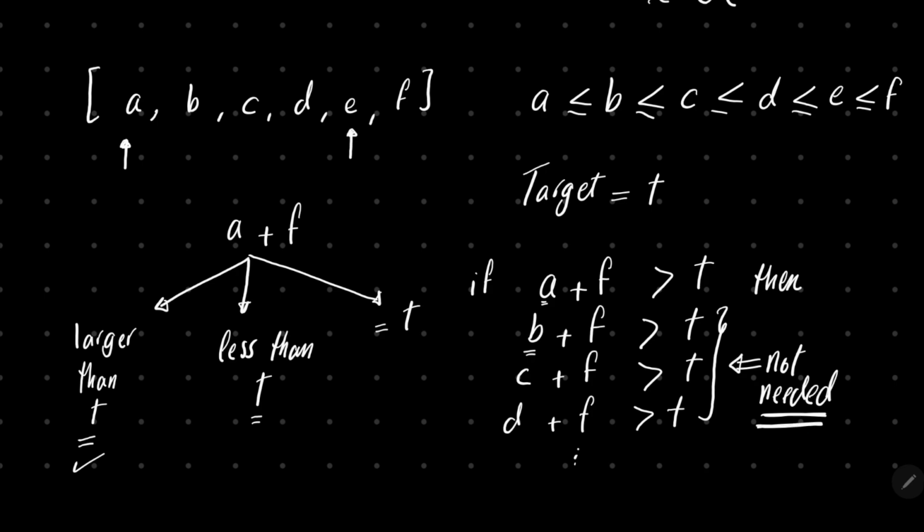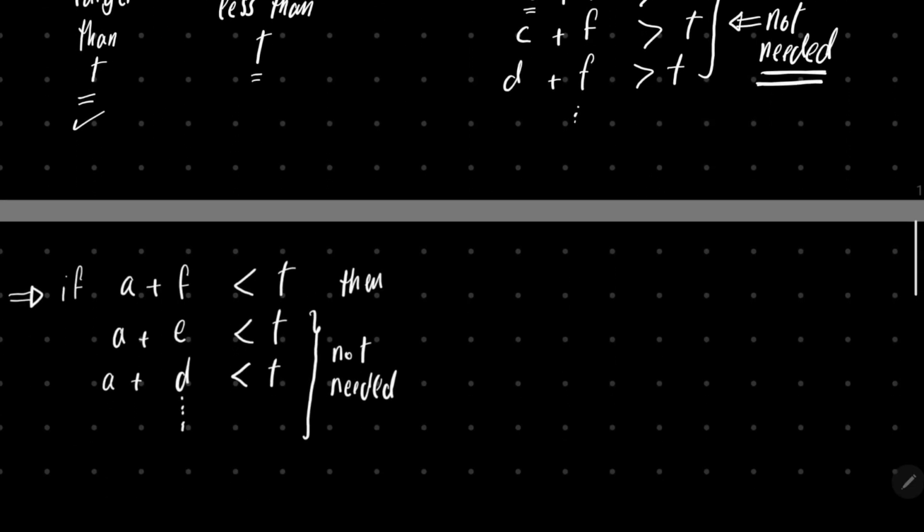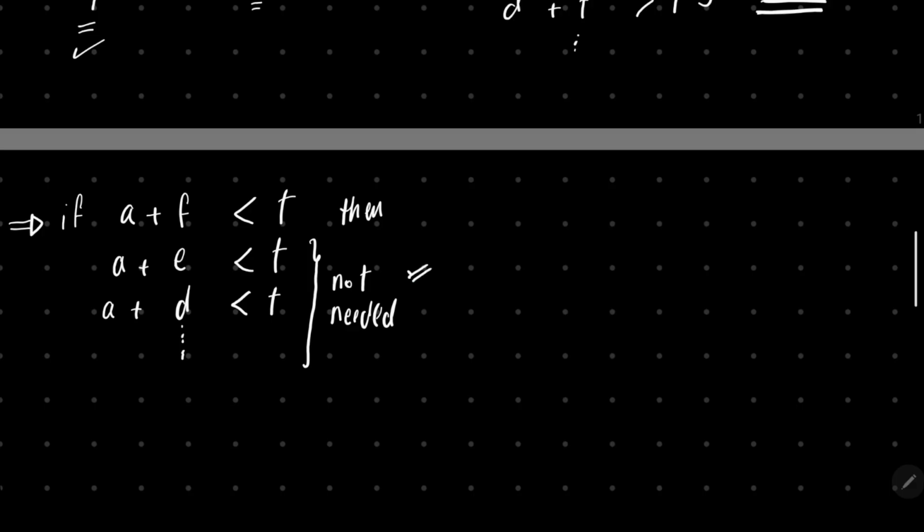If A plus F is less than T, then the left pointer has to move to the right, because all of those other sums are not needed.